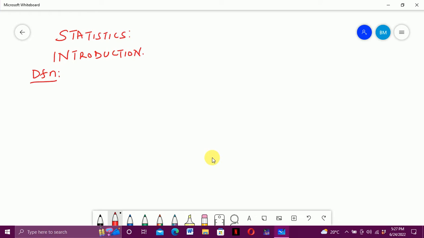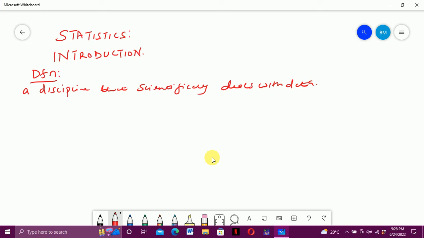Statistics is a discipline that scientifically deals with data. Statistics is a discipline that scientifically deals with data.